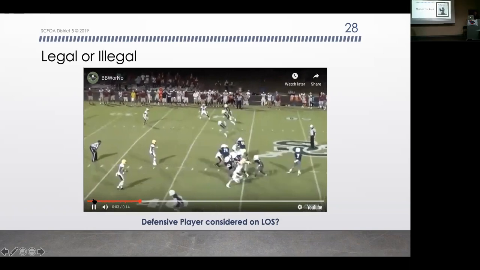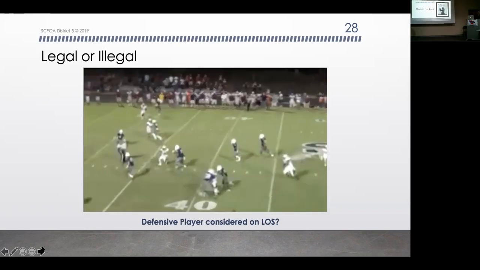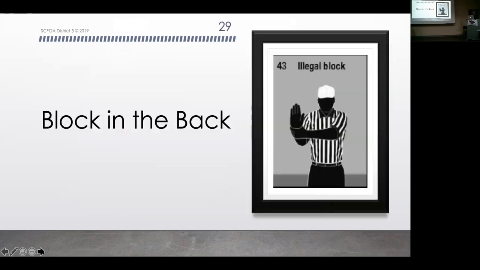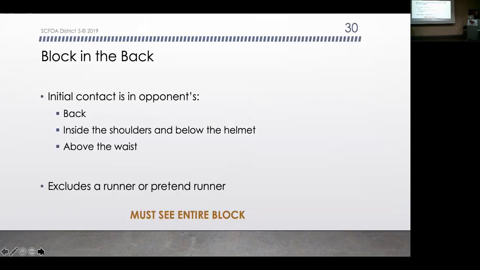All right, block in the back. There's another one where there's some gray area in here. So the initial contact is in the opponent's back. We talked about that: outside the frame, inside the shoulders, below the helmet and above the waist.